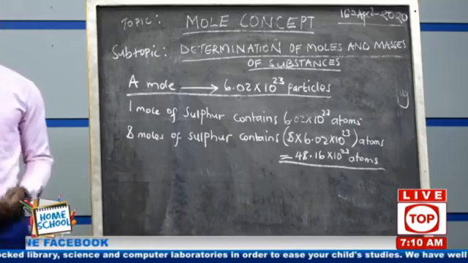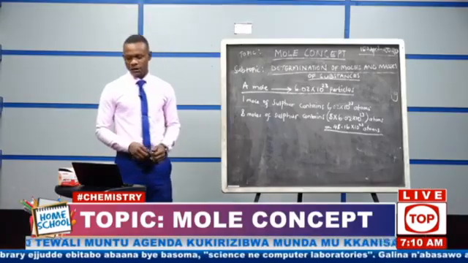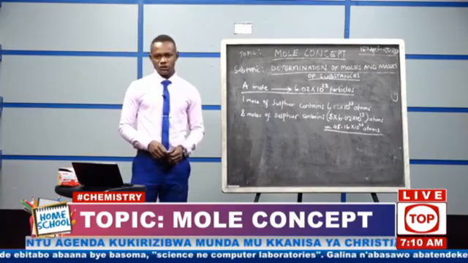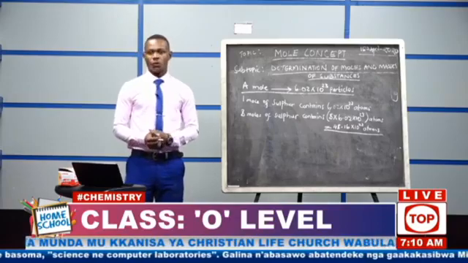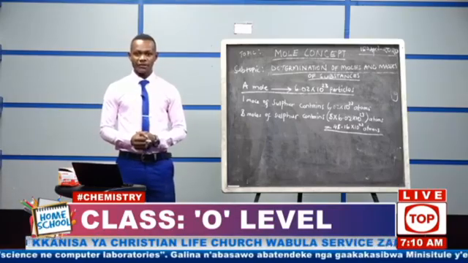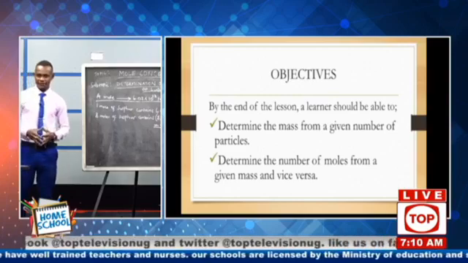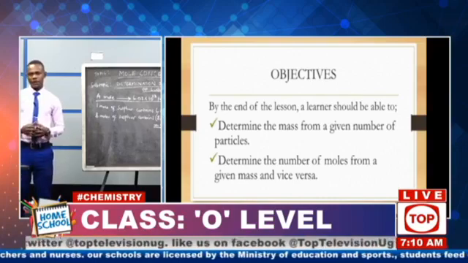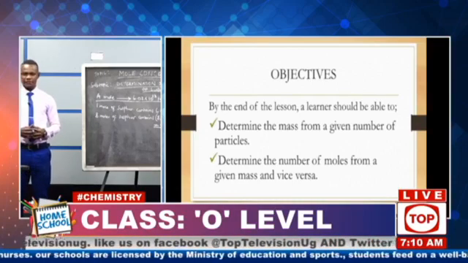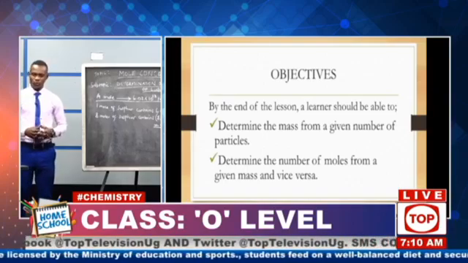Okay? So for today, I want us to go straight to our slide 9, and we see what we need to achieve today. As a student outside there, what do you need to achieve in today's lesson? By the time this lesson ends, make sure you are able to determine the mass of a substance from a given number of moles.